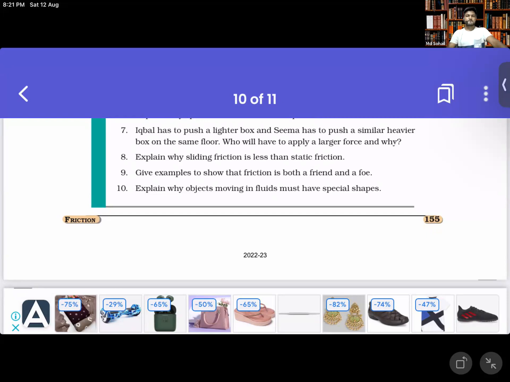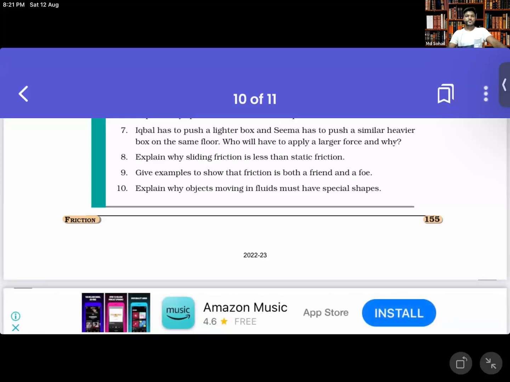Friction helps us in walking and running. It produces heat, which is used in many things. And without friction, everything would just slide over. We are able to write with a pen or pencil due to friction. Okay.